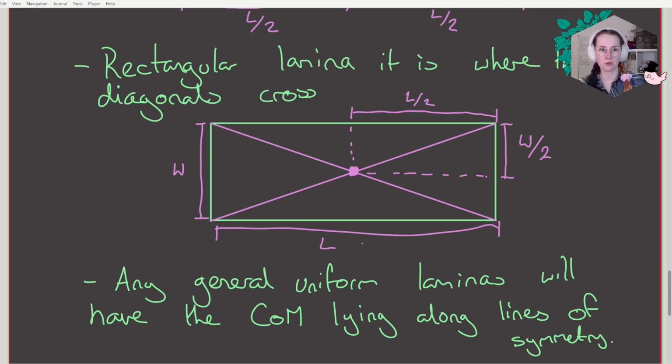If it's a non-uniform shape, normally you're given everything else and you're asked to work out where the center of mass is, normally only with rods or one-dimensional. At the level we're looking at, we don't do anything more complicated than that.